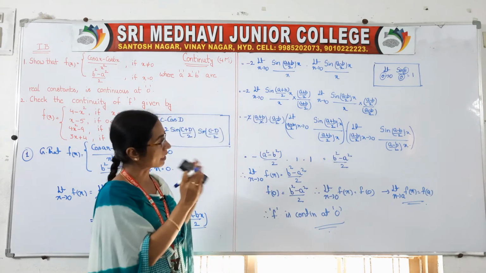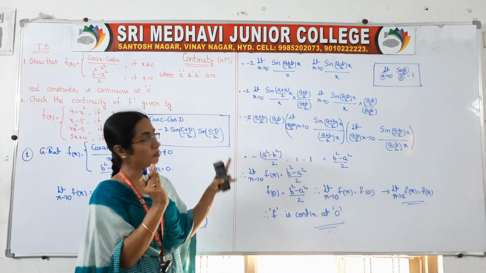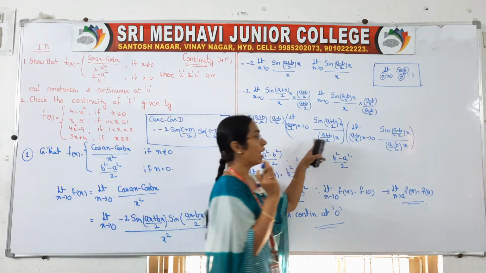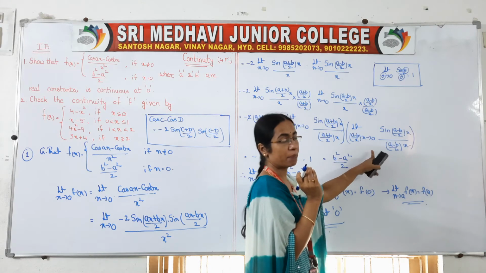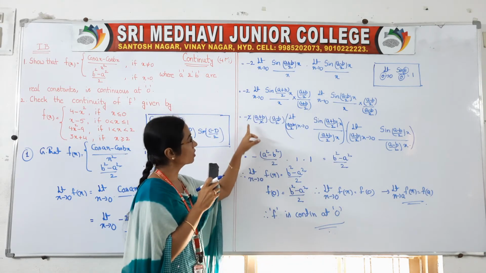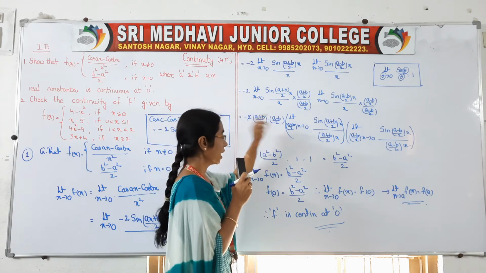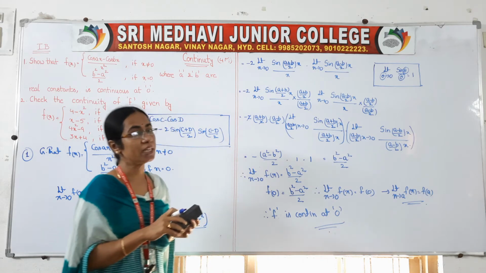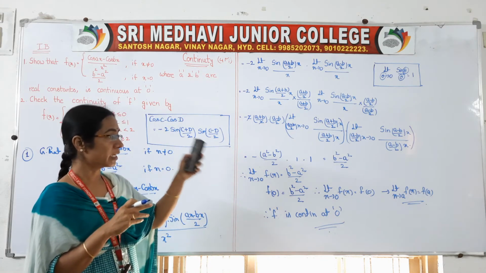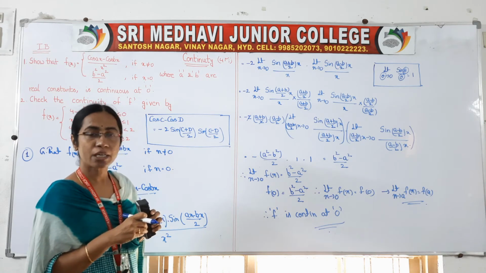Now exactly in that form, limit theta tends to 0 of sine theta by theta, this one equals 1 and this one equals 1. Then we have minus of (a square minus b square). Here the minus will be outside: (a plus b) into (a minus b) is a square minus b square. Sending that negative sign inside, you will get b square minus a square by 2.